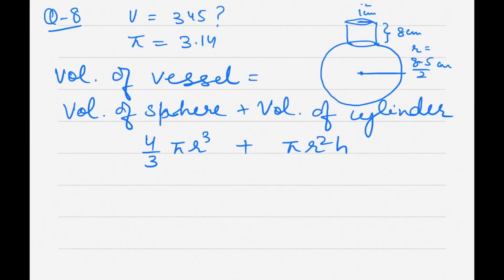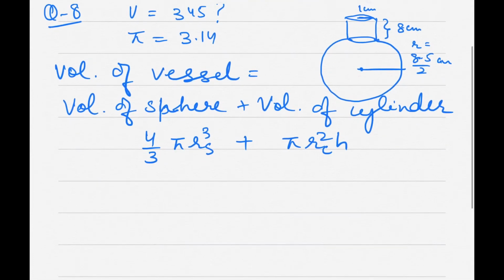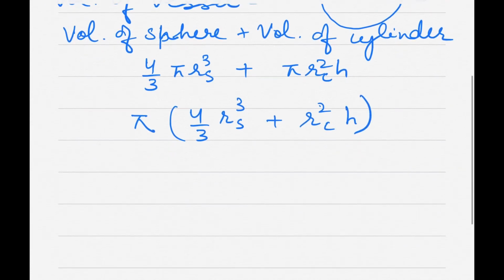Now pi is common, radii are different. So this is for sphere S and this is for cylinder, so I'll write down C. So now I can take pi common in these two. So what will be left, and radius are different, so I can't take anything common. 4 by 3 r radius of sphere cube plus radius of cylinder square into h.